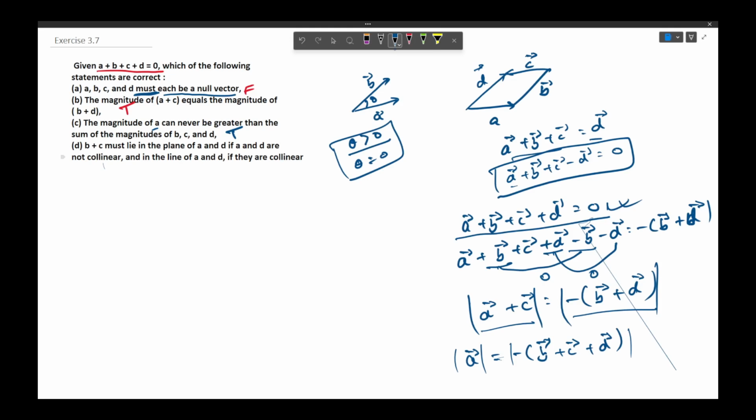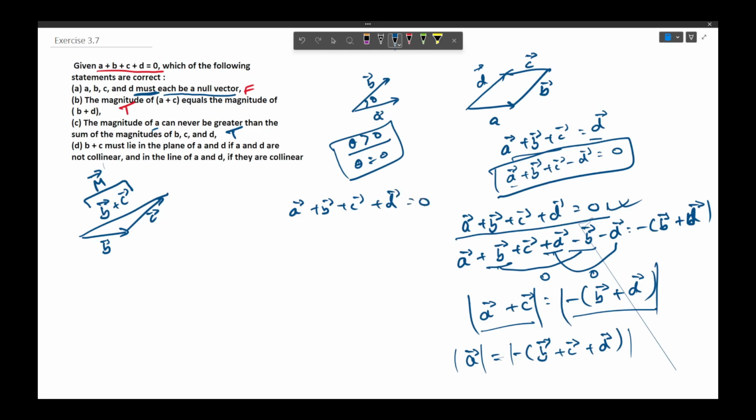So the condition says that B plus C must lie in the plane of A and D. Let us pictorially represent this relation. Assume that this is vector B and this is vector C. Now B plus C would be somewhere like this. Let us name this B plus C vector as M vector. Now we have the relation A vector plus B vector plus C vector plus D vector equal to 0.